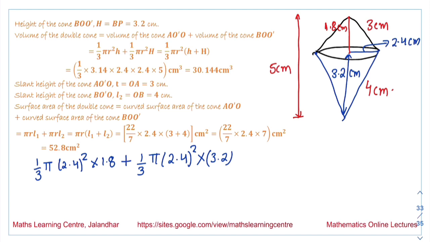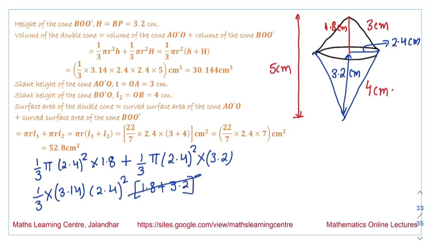So if we take 1 by 3 into 3.14 into 2.4 square common, we are left with 1.8 plus 3.2, and this value comes out to be 5. On multiplying all these values, we get the answer 3.144 centimeter cube. These calculations are also shown over here. So this is the total volume of both these cones.